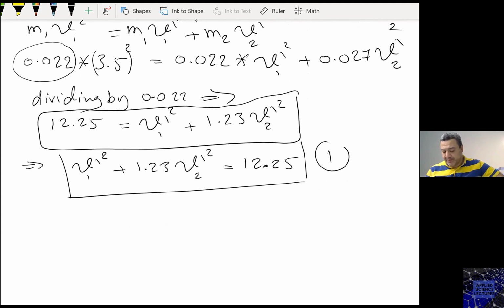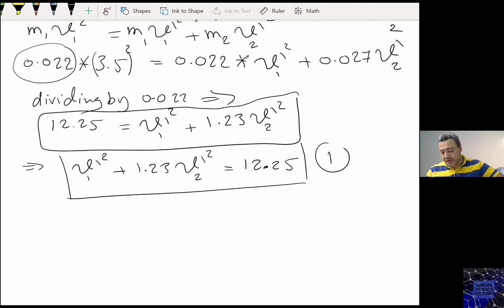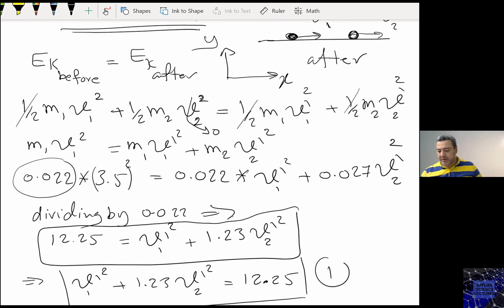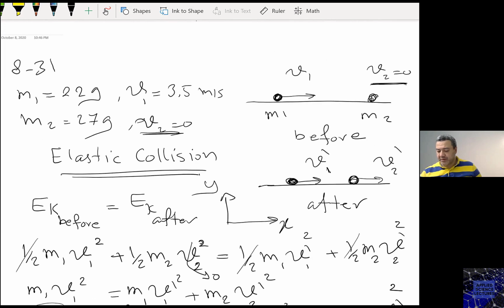Now let's move to the conservation of momentum, where I have sigma p before equals sigma p after. Let's look at our vectors here. I have V1 in the x direction positive, V1 prime assumed to be in the x direction positive, V2 prime also assumed to be in the x direction positive.